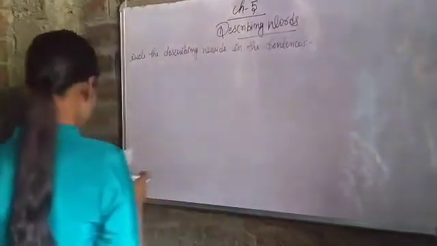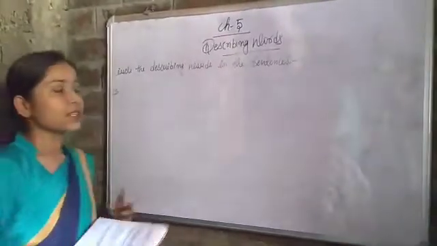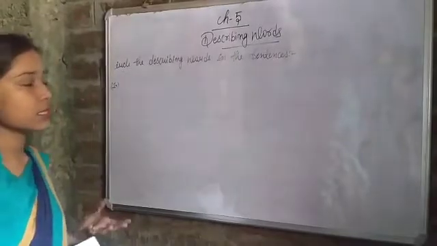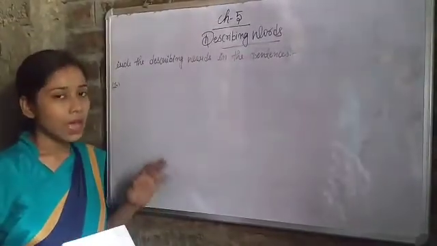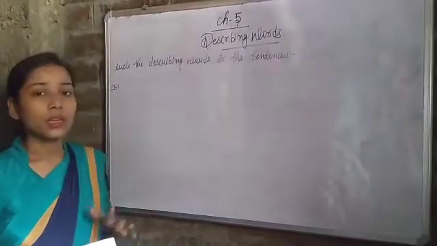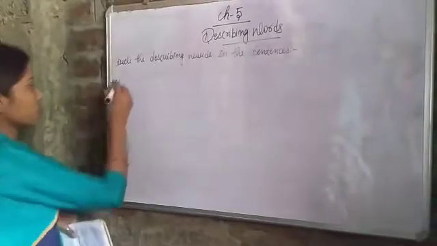Let me tell you the meaning of this heading. In the first exercise, we just had to choose the describing word, and in this one we have to circle the describing word in the sentence. Okay, so let's start.